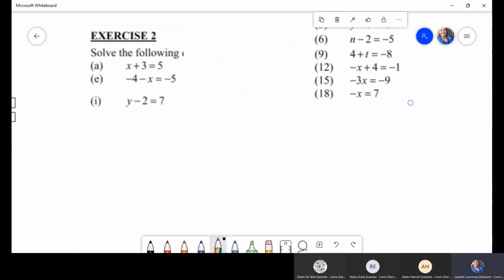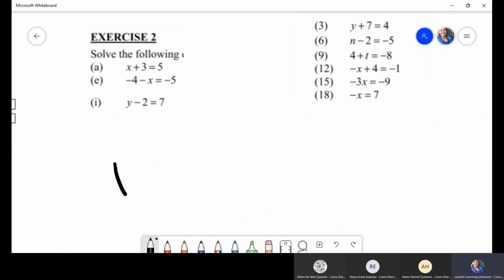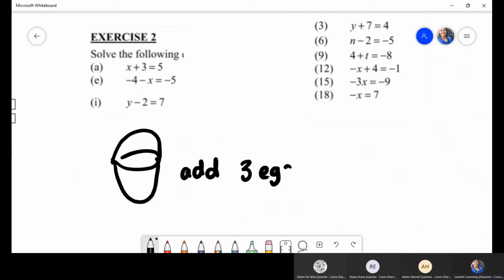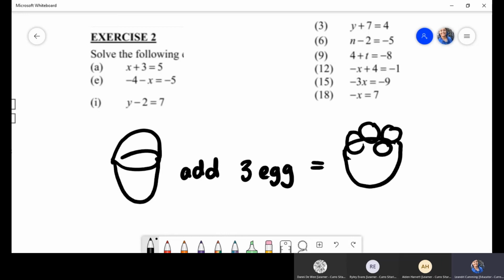When we were in primary school, we would often wonder, Mom has so many eggs in a basket. She adds another 3 eggs. How many eggs did she have in the beginning if now in a basket she has 5 eggs?